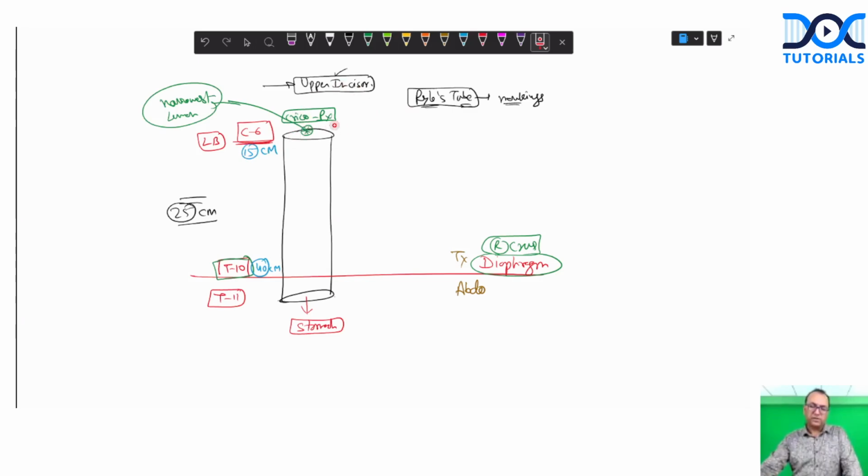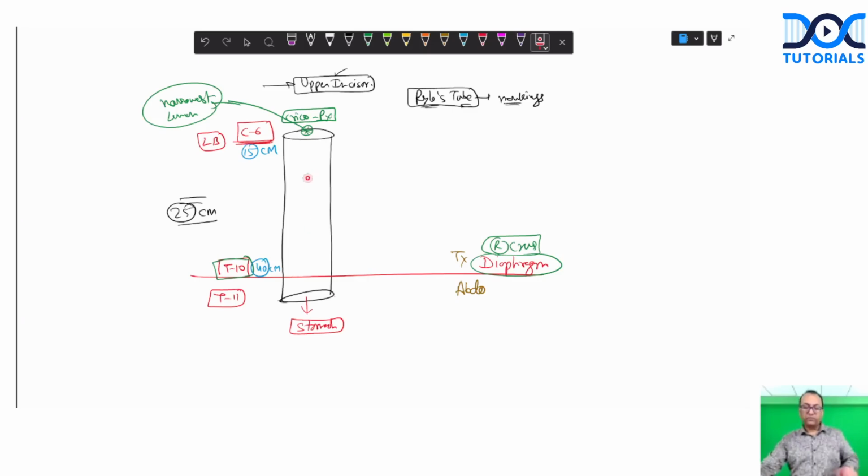Be careful, because this is the narrowest lumen of the esophagus. Don't poke your Ryle's tube here and there and damage the mucosa. That is the warning sign. So it is 15 centimeter from the upper incisor when entering the esophagus, and 40 centimeter when it is piercing the diaphragm. And after some time, it will become continuous with the stomach.